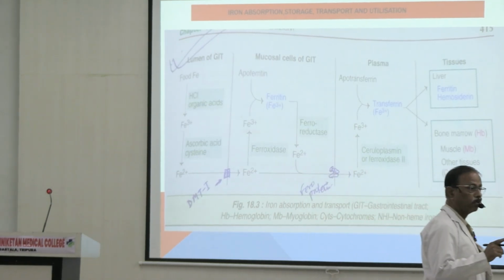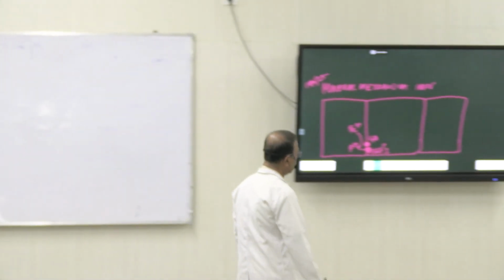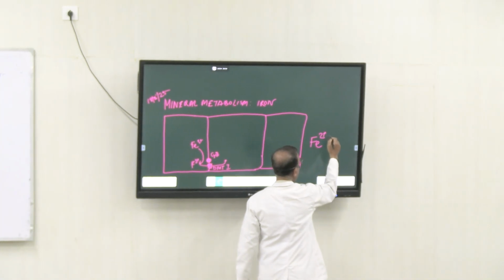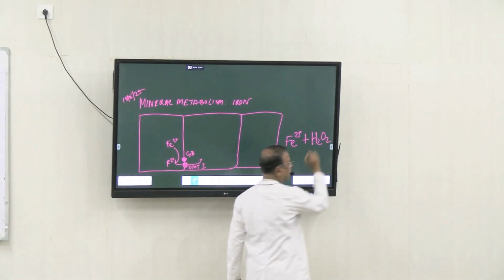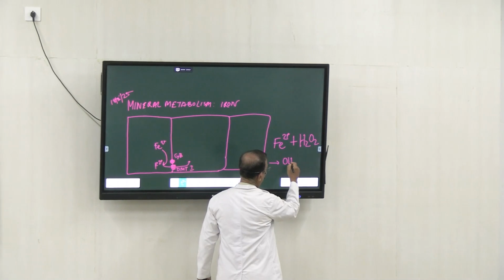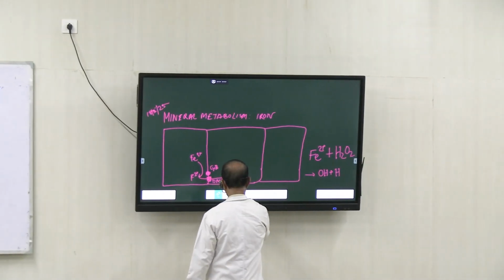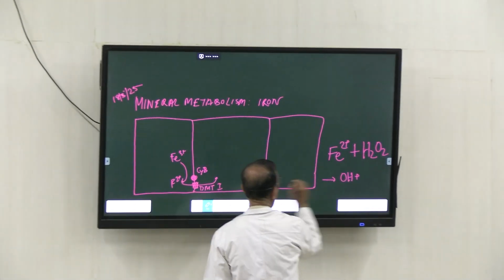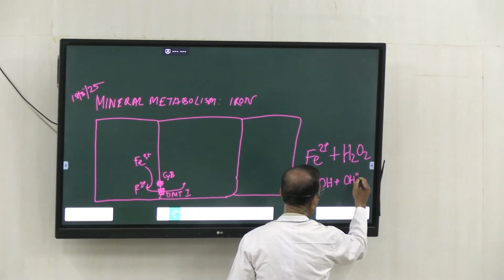Remember, ferrous form is very highly reactive. It reacts with hydrogen peroxide generated inside the cell, and it produces hydroxyl ion and hydroxyl radical.